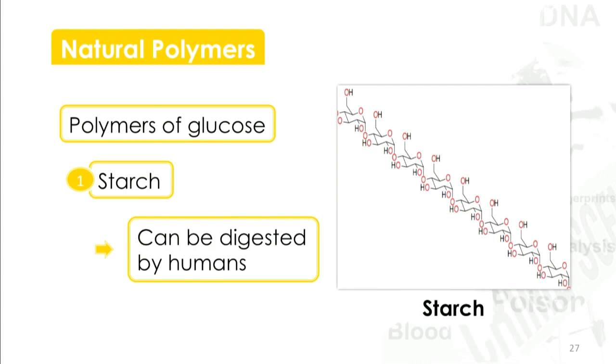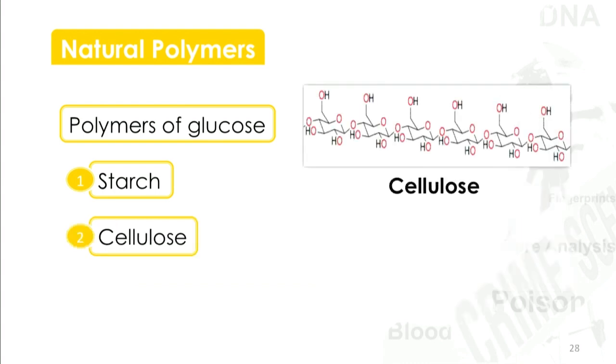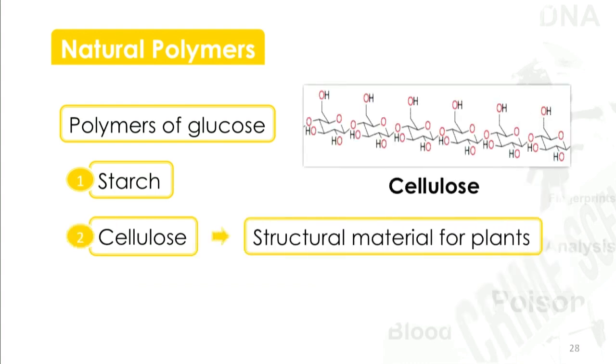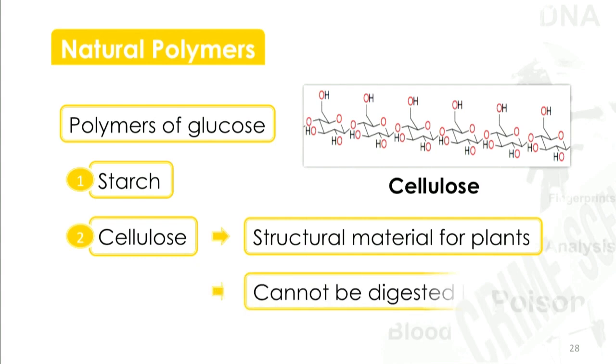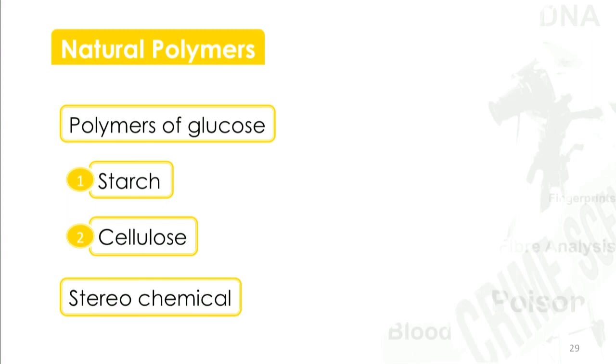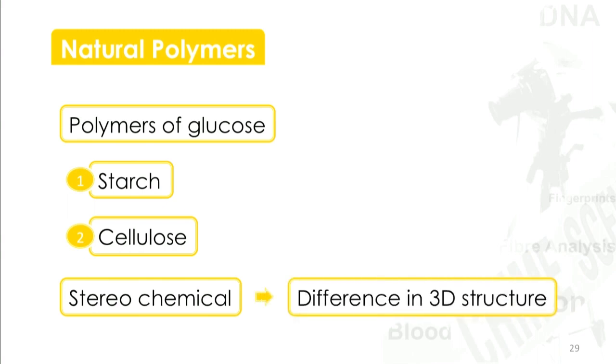And if it polymerizes in a slightly different way, then it forms cellulose, which is the principal structural material for all plants. And that cannot be digested by us. The difference in the way of polymerization is simply what we call stereochemical. It's a small difference in the three-dimensional structure of the polymer.